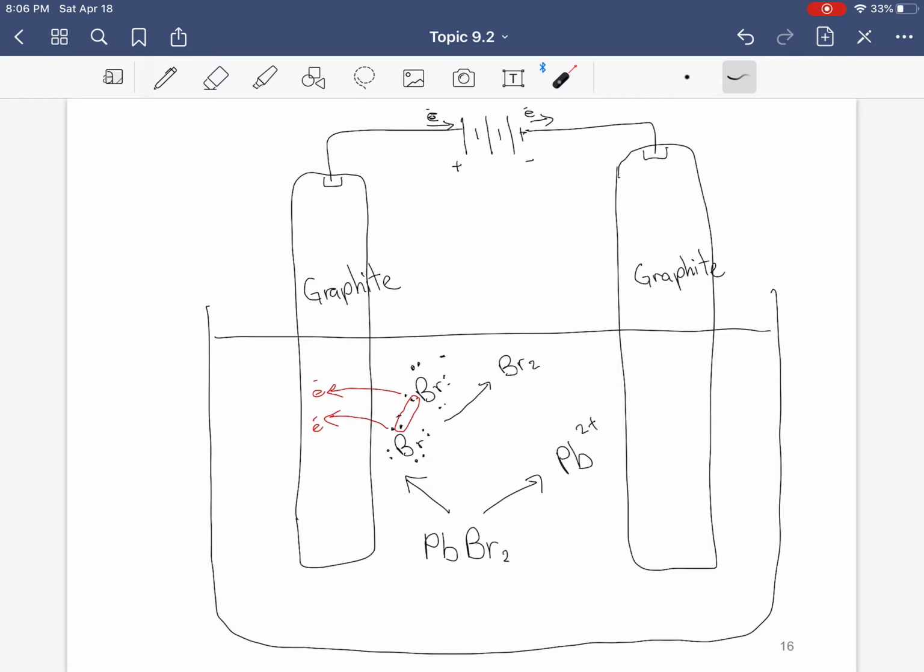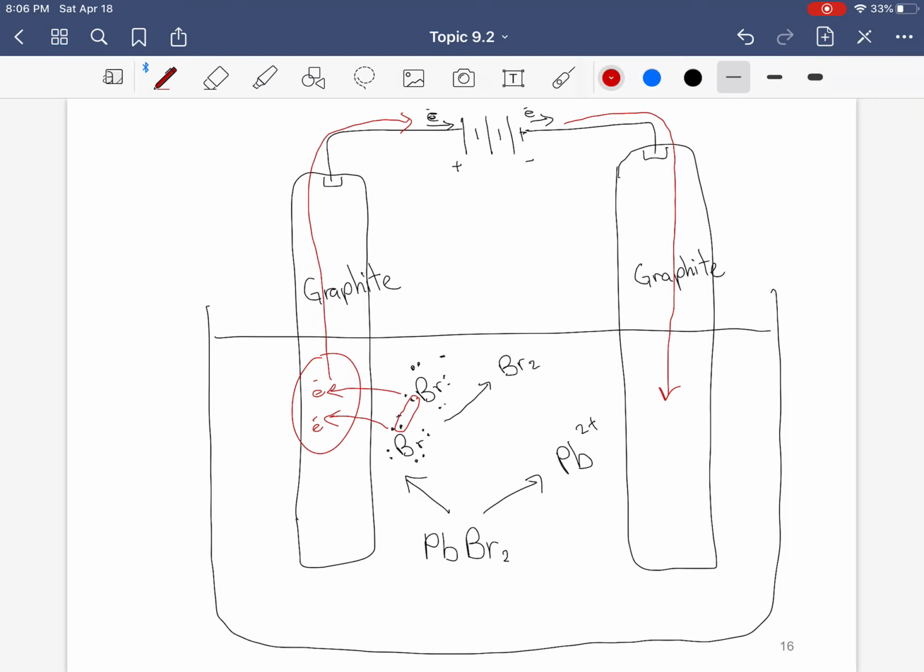Now, what are these pair of electrons going to do? These pair of electrons will actually go through the battery. And this battery's job is to give them potential. Okay, give them the energy that they need to go to the other side.